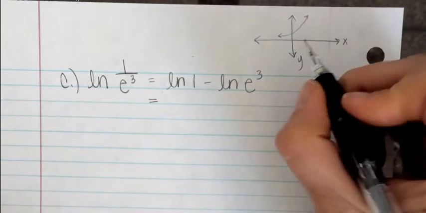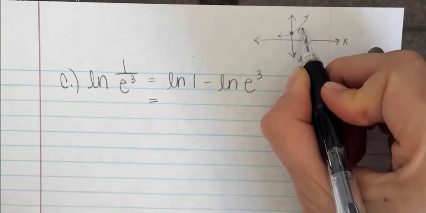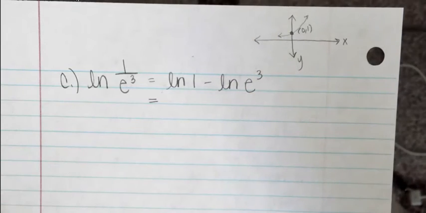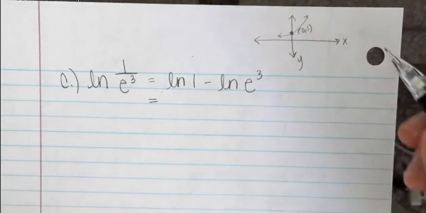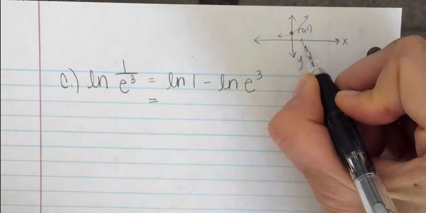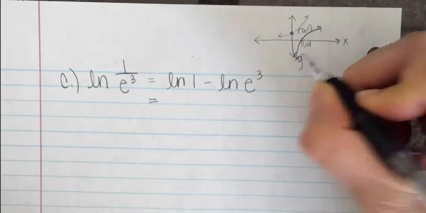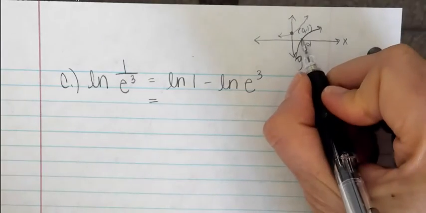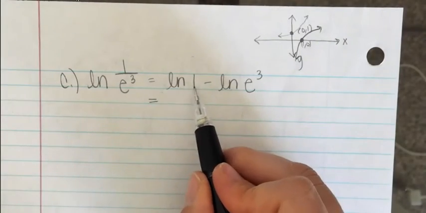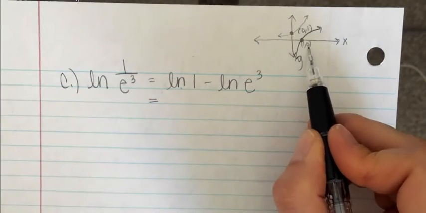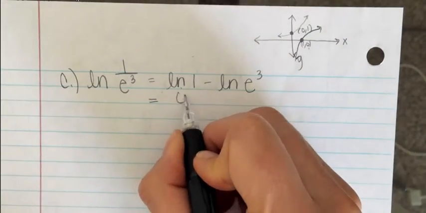If I didn't have an a, it went through the point 0, 1. Well, the logarithm function is the inverse. So that tells me that 1, 0 is on that graph, and it looks something like this. So if I plug 1 into ln, I get 0 out. That's my output.